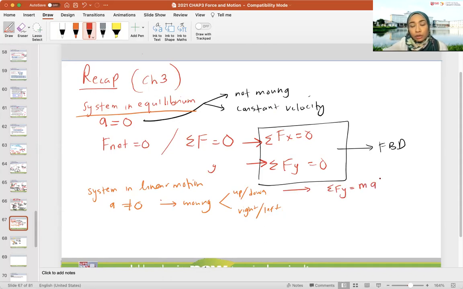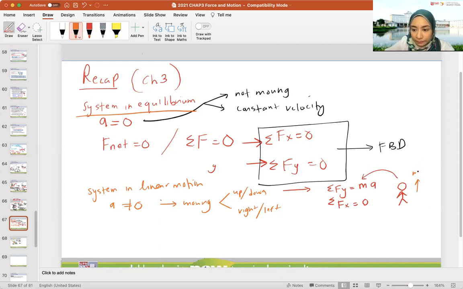And if you are not moving left and right, net in the Fx equals 0. This is if we are flying. You guys are flying upwards, I'm not flying. You have acceleration going upwards, but you're not moving to the left or right. So we just have net in the Fy equals ma. What is m? M is your mass and a is your acceleration.